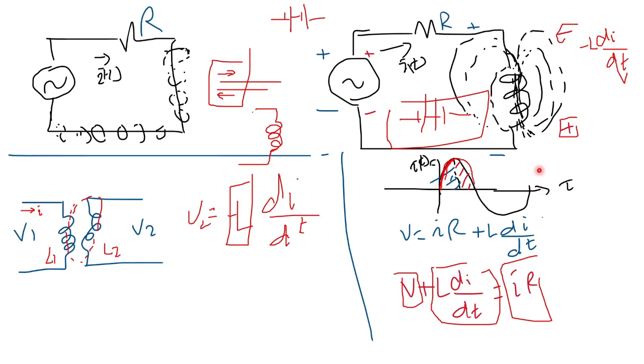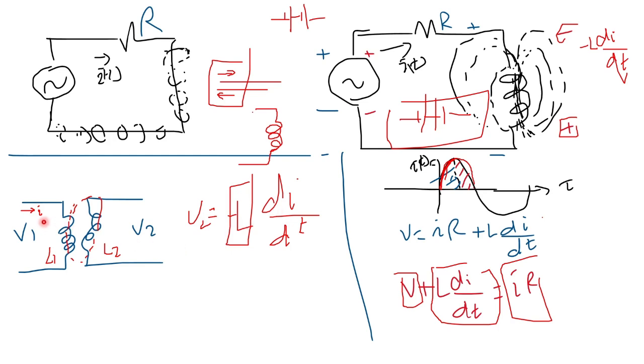Because of this behavior, the EMF generated on the terminals of the coil is called back EMF, meaning it opposes the original current, and that's why we have a negative sign in the formula of the voltage around the coil.